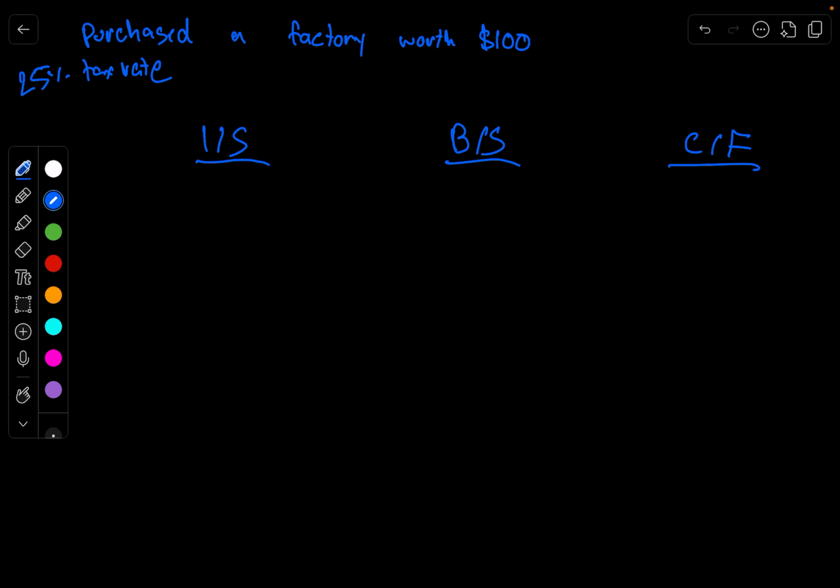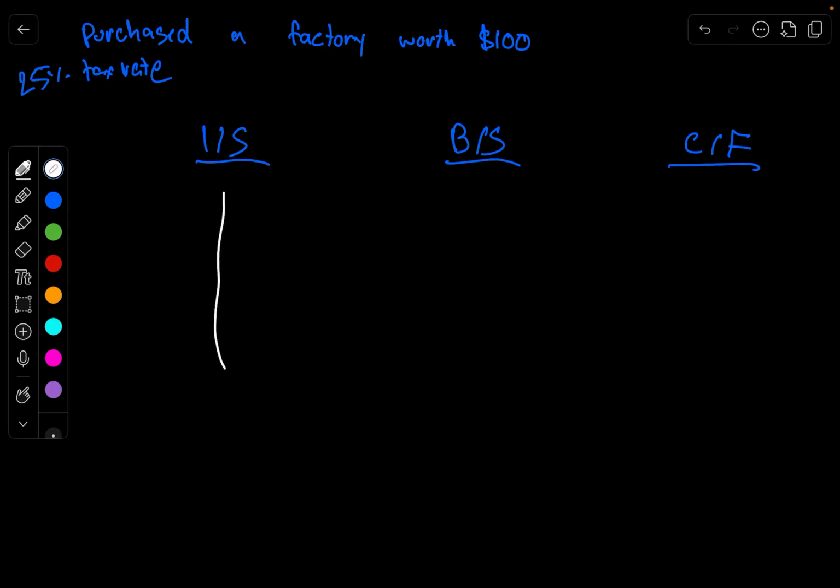We have to keep in mind when we're looking at the income statement that we are purchasing a factory. This is not an operating expense. Our operating expenses would be that our administration costs went up or something like that, right? It's not that we purchased a factory. That's not going to be included in our P&L.